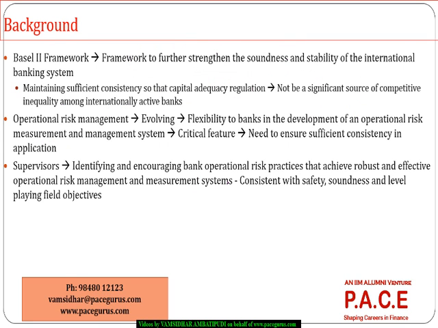So let's look at that. We know that the Basel framework, Basel 1, 2, 3, whatever it is, the intention of any Basel framework is to strengthen the soundness and stability of the banking system.